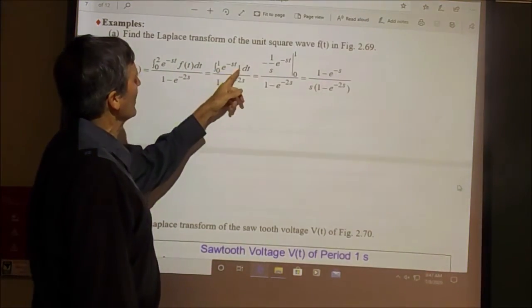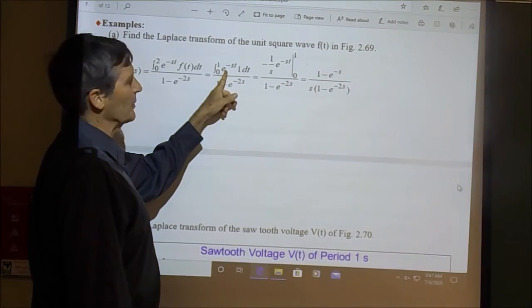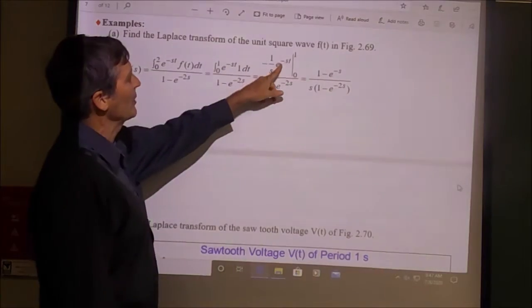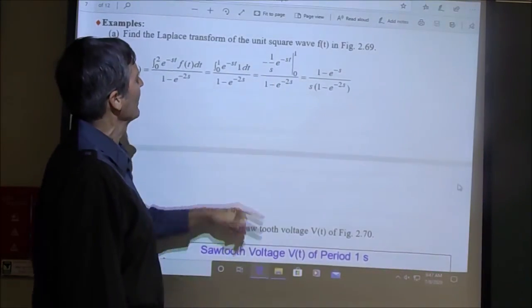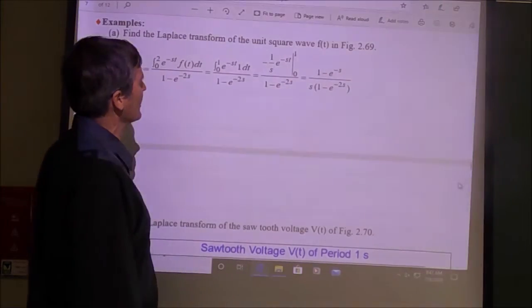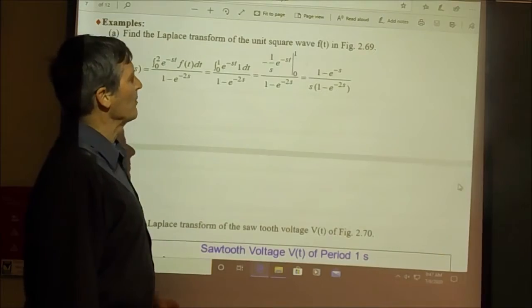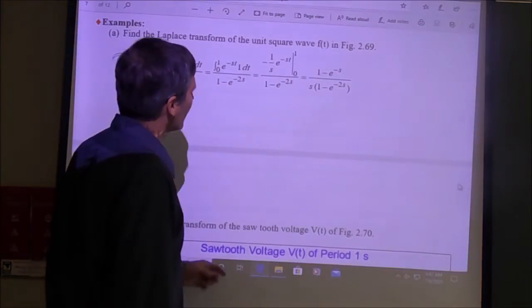Now the integral of e to the minus st. We know how to do this one, from calculus 1, it's e to the minus st over minus s. And then we'll have to plug in the endpoints and take the difference. It's 1 minus e to the minus s over s. And then on the bottom, we've still got the 1 minus e to the minus 2s.